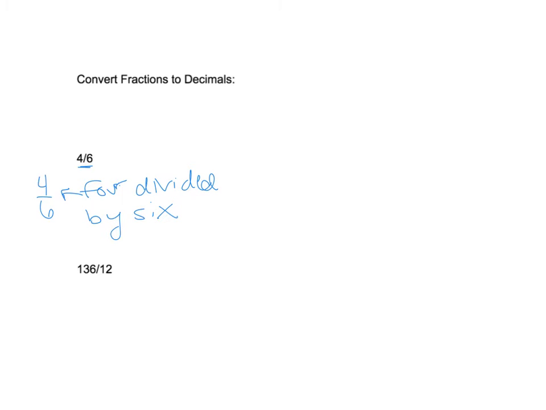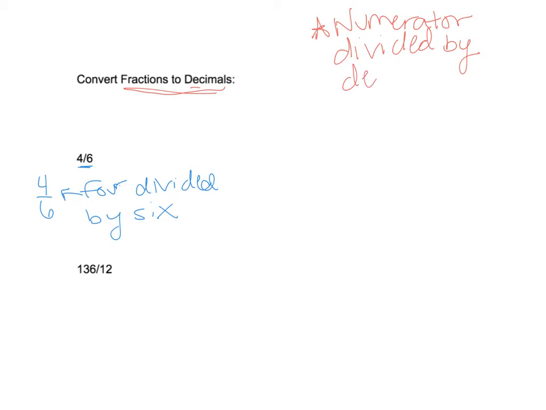The general rule, and I'm going to write it up top, and I want you guys to write it down too, is that when you're converting fractions to decimals, you want the numerator divided by the denominator.